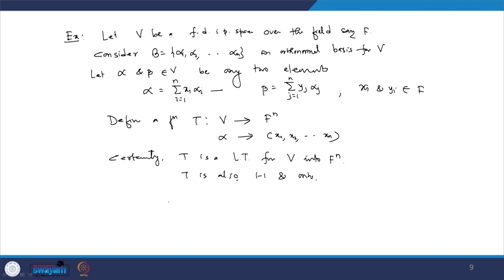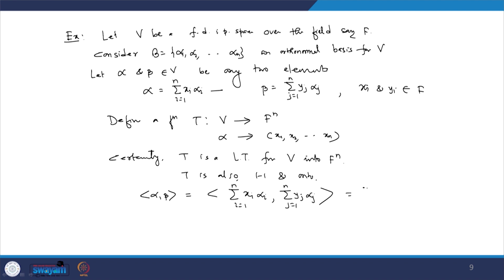Here I will say that the inner product of alpha and beta is equal to the inner product of sigma x_i alpha_i, i equal to 1 to n, and sigma y_j alpha_j, j equal to 1 to n.